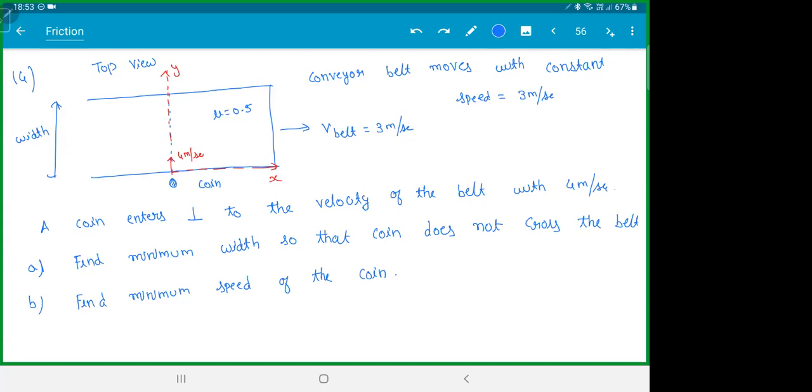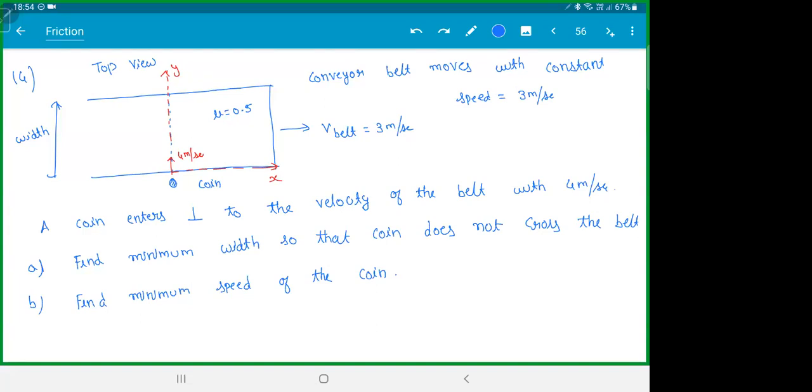So find the minimum width so that the coin does not slip. 1.6? Aditya, that's not the answer. And find the minimum speed of the coin. Try.